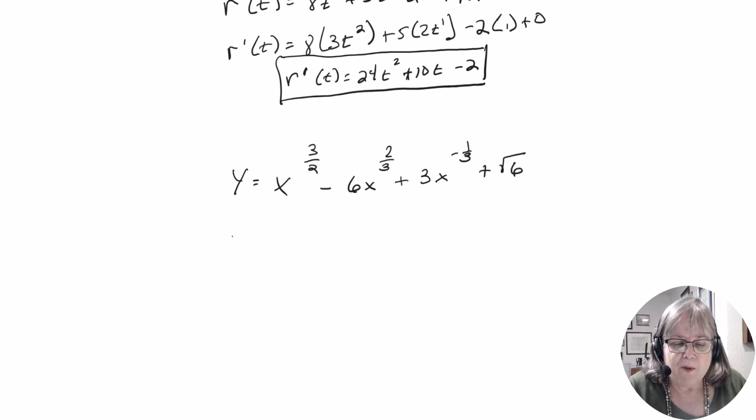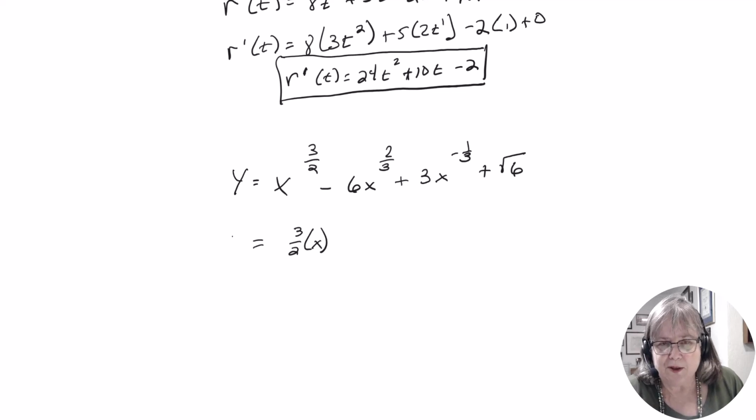So now when you take the derivative of y, don't just put an equals here and start writing and say, okay, I'm going to bring down the power, leave the x alone, take 1 off the power. Don't start writing and assuming that you can just do equals all the way down, because this says y is equal to x to the 3 halves. If you don't put something right here, you're implying falsely that you're still talking about y, and it's going to look completely different.